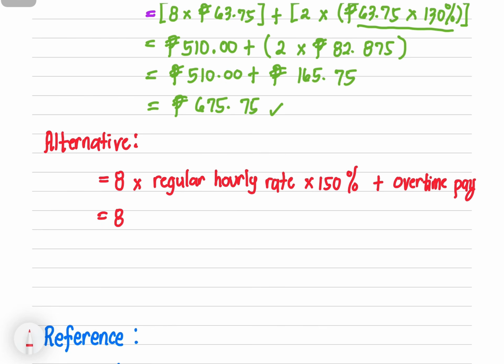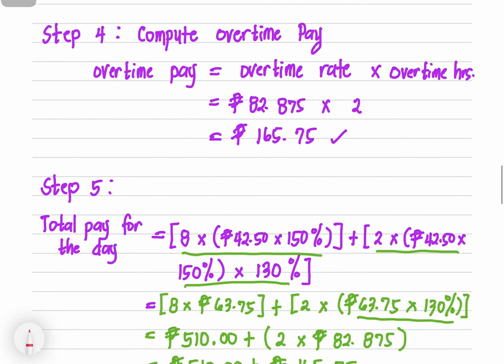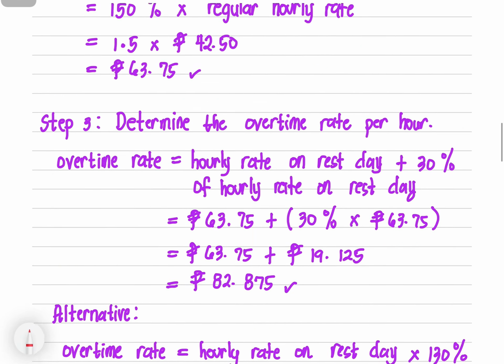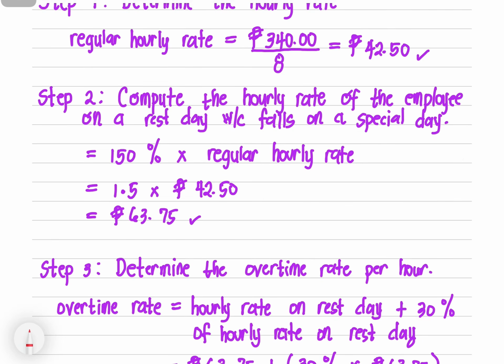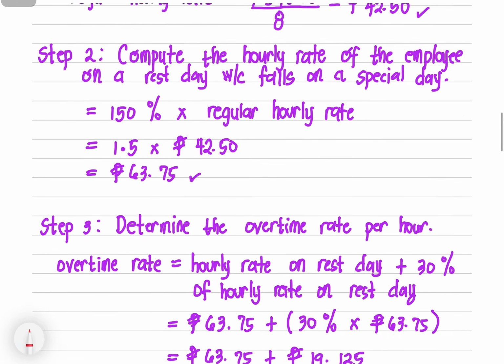Yan yung 42.50 times 1.5. So, pwede nating isulat dito as 63.75. Yung ating regular hourly rate times 150% kanina. So, ito yon. Okay, so proceed tayo dun sa step number 2. Gets? Okay.